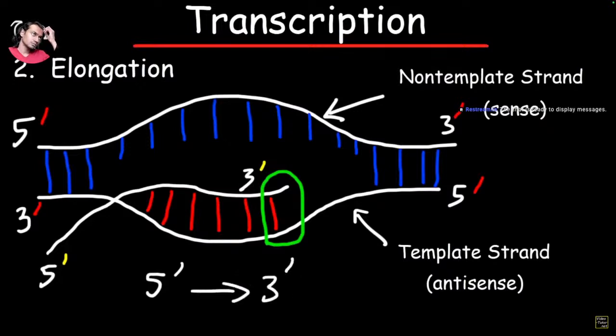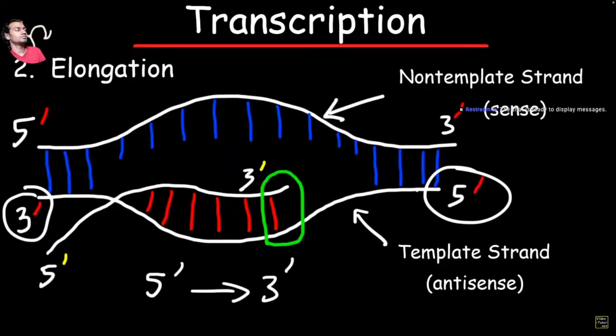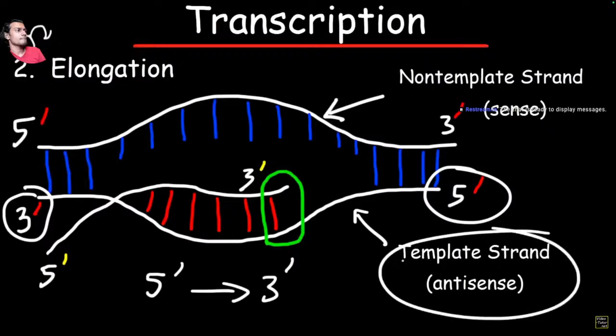However, RNA polymerase reads the DNA strand in the 3' to the 5' direction. Now, there are 2 strands that you need to be familiar with. The first one, the one that's used to synthesize mRNA, is called the template strand, or the antisense strand. So that's the one in which RNA polymerase is active upon.